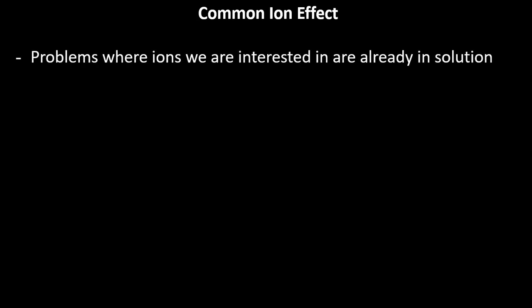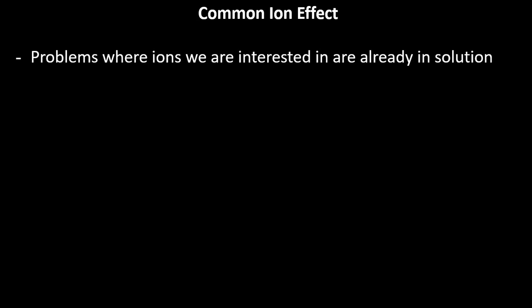Right, this next section is on what we call the common ion effect. When we have a solution that we're making and one of the solutions already has one of the ions that we're interested in already in that solution, then it changes the ion product, the solubility product.